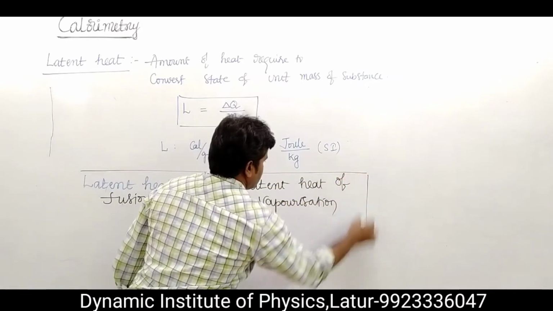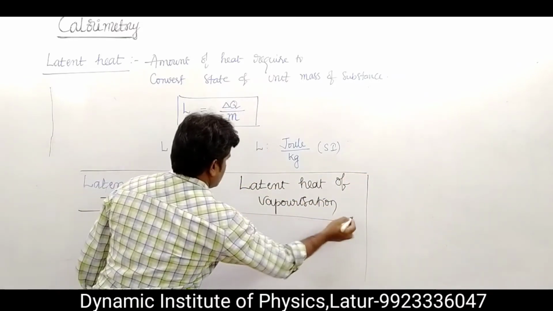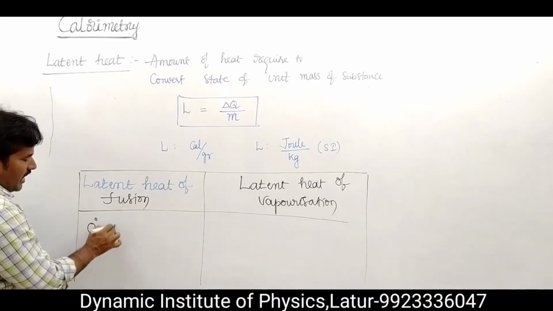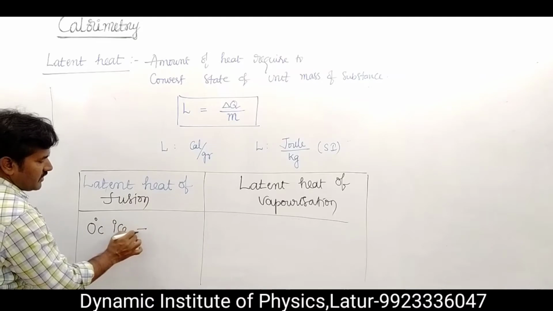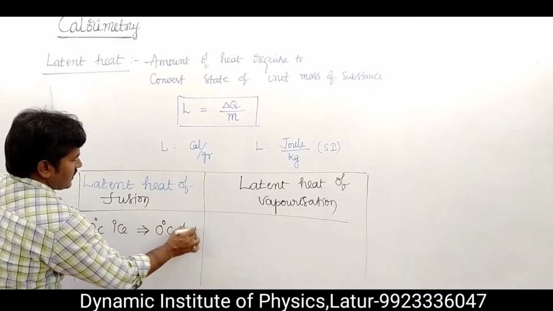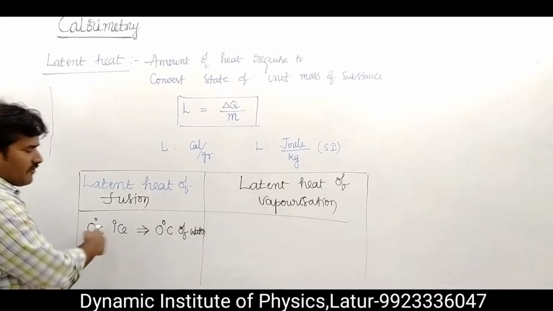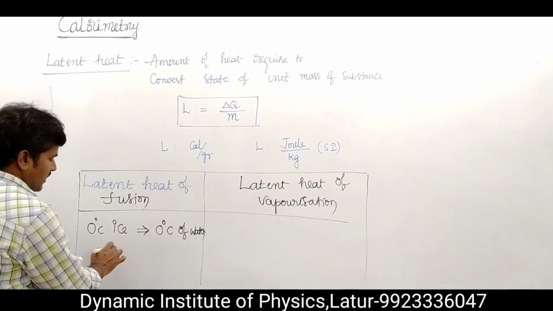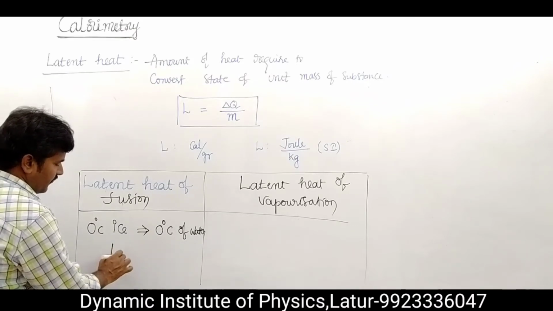What is latent heat of fusion? Fusion means ice at 0 degrees Celsius converted into water at 0 degrees Celsius. This is called latent heat of fusion, written as L fusion.